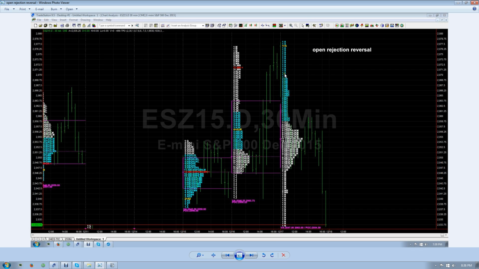So that's an open rejection reversal. You've got what's called a sloppy profile here. There's not really a good Gaussian distribution like you would see here. You don't have a strong development of value area.